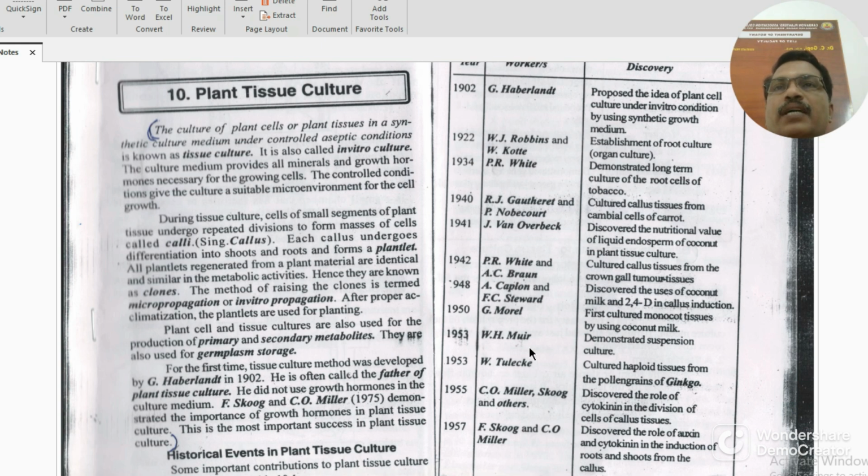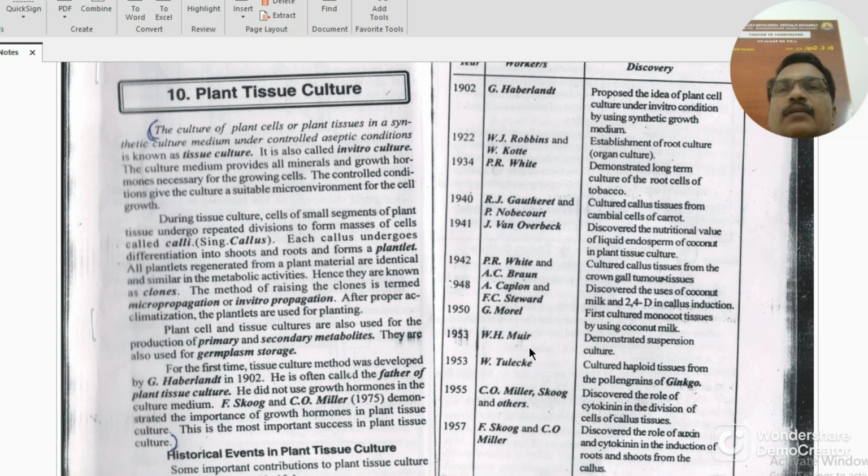It is prepared at a laboratory. Of course, after preparing this medium, the tissue or cells are maintained in a controlled aseptic condition. What is it? Controlled aseptic condition means the temperature is controlled, humidity is controlled, and light is controlled.